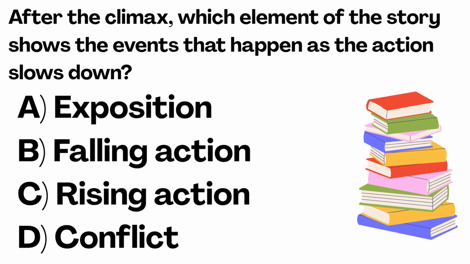After the climax, which element of the story shows the events that happen as the action slows down? The answer choices are the exposition, falling action, rising action, conflict. The correct response is falling action.